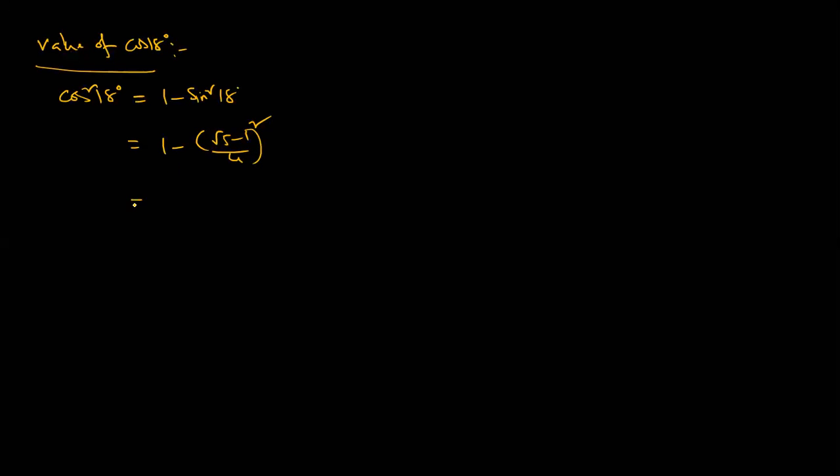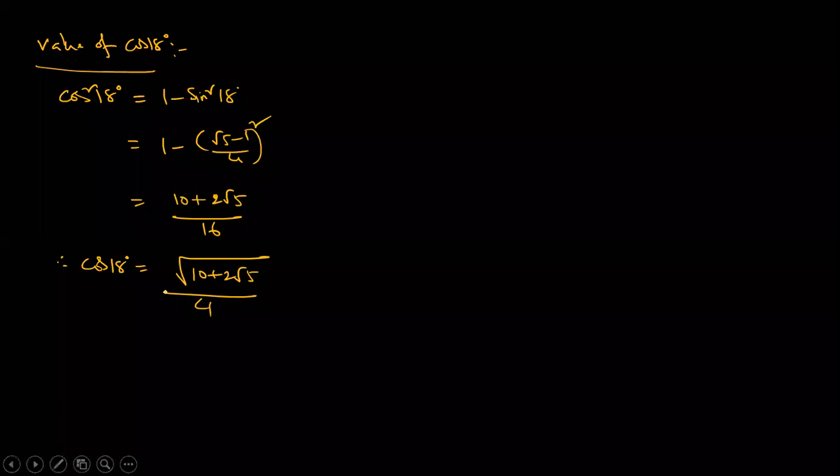You can get 10 plus 2 root 5 by 16. So therefore, cos 18 degrees is root over 10 plus 2 root 5. Proofs are not required, but I am giving them, and you should revise regularly, dear students. When I am asking cos 18 degrees, what is the value? Root over 10 plus 2 root 5 by 4.